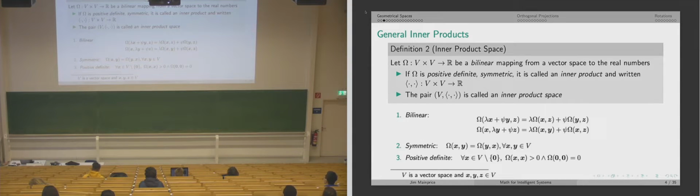It means that if we take any vector that is not the neutral element, the mapping will be greater than 0 or equal to, sorry, what?